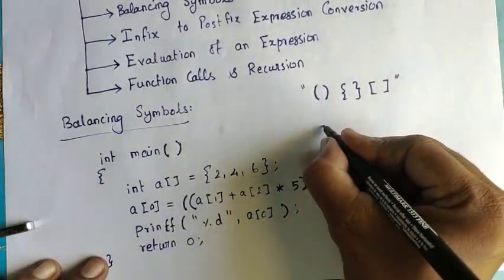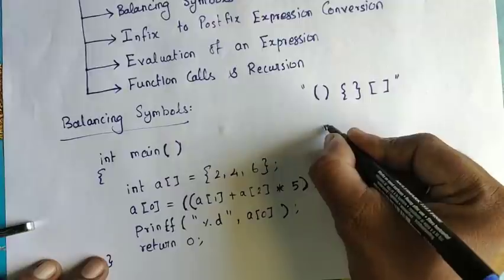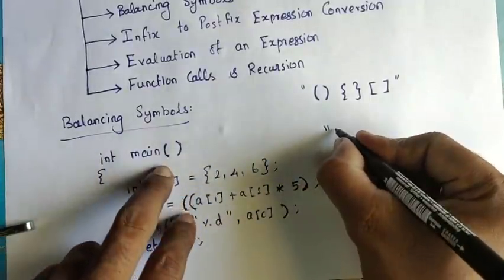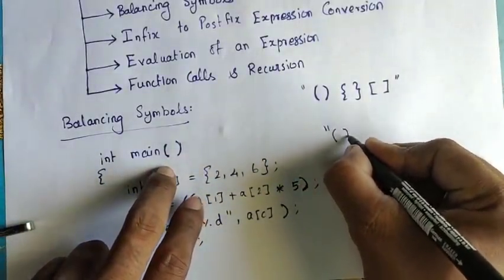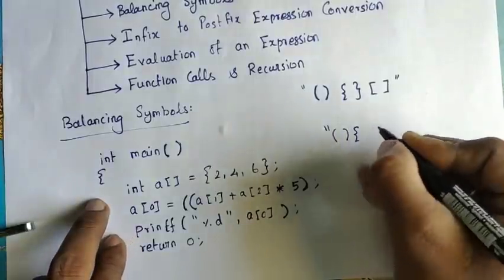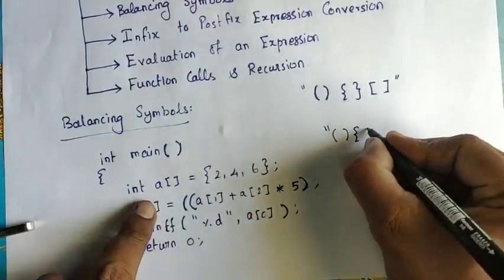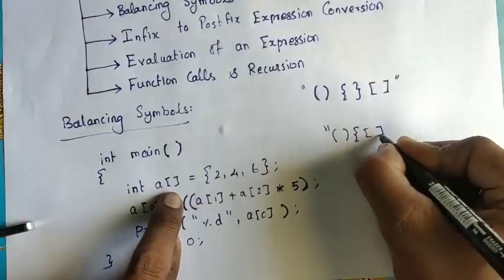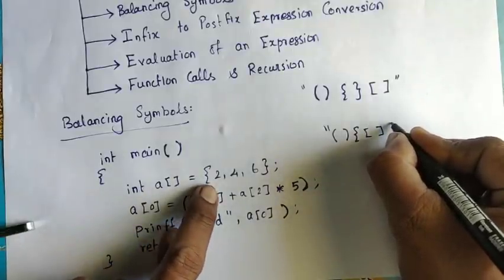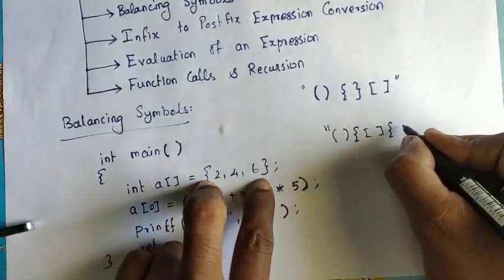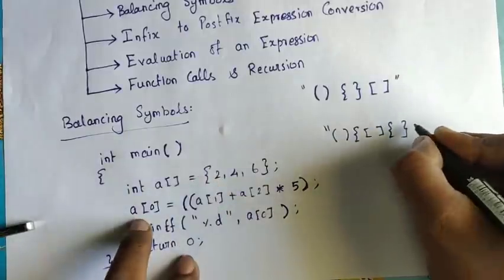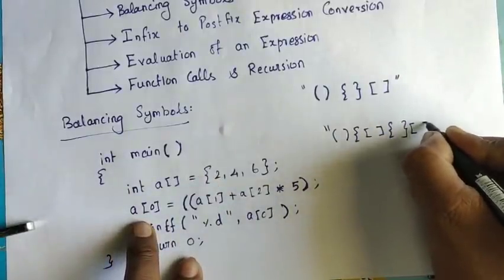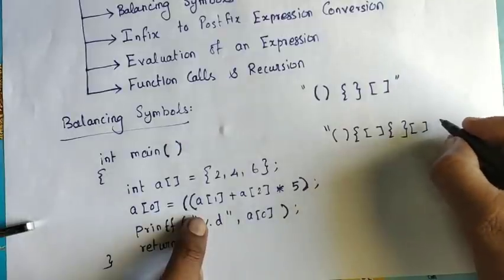It will take only the brackets, that is, open, close, and then braces, open bracket, close bracket, then this one and the corresponding one, and then two brackets.